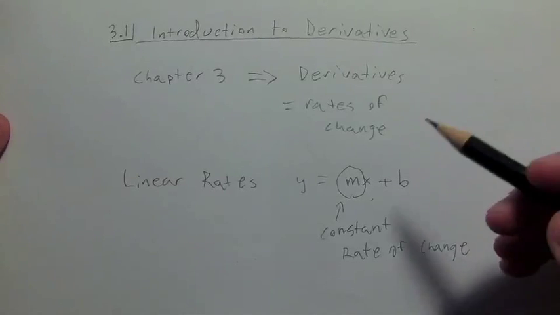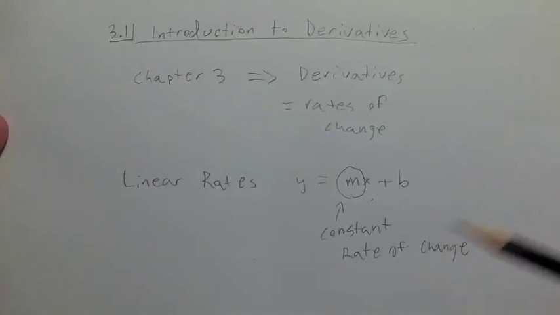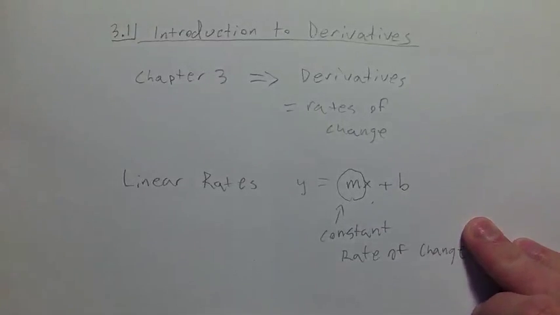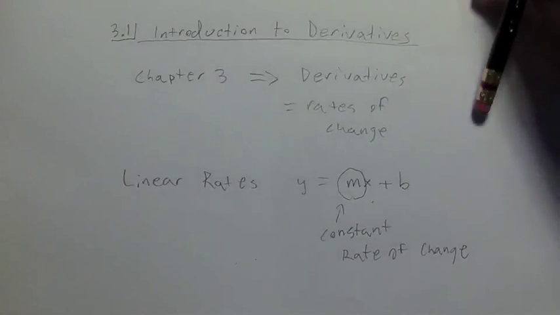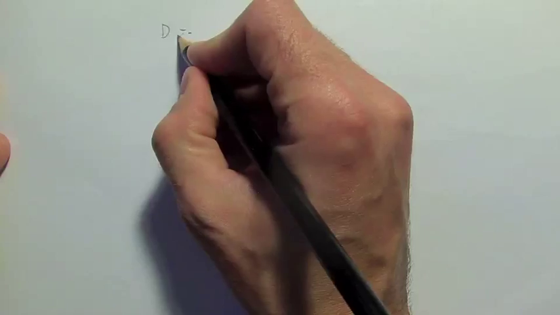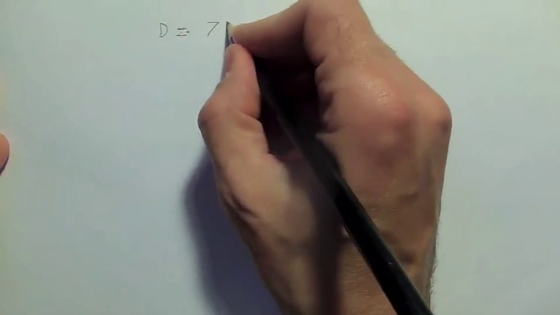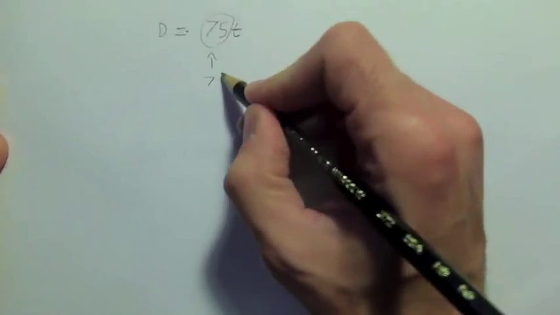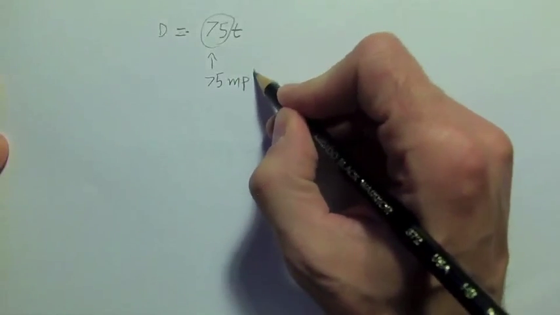The big one I want to really mention is the linear rates, when you have a constant rate of change. But the problem with the constant rate of change, for example, would be like saying I was traveling at 75 miles per hour. So we could say that the distance I traveled was 75t. This would be saying that you travel at 75 miles per hour.